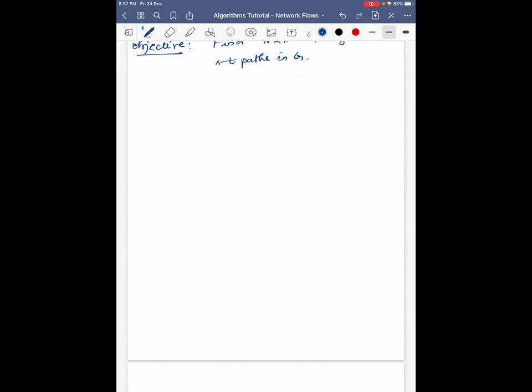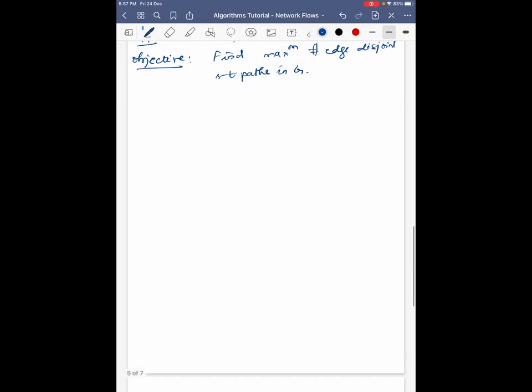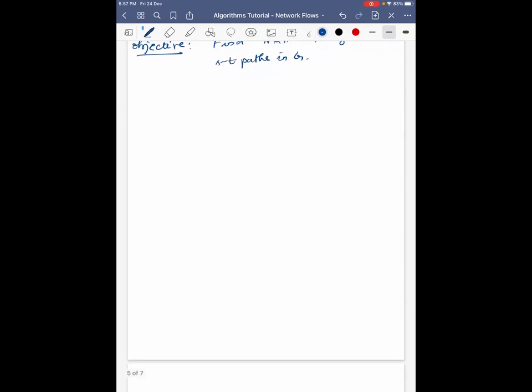First, how will you model this problem as a network flow problem?